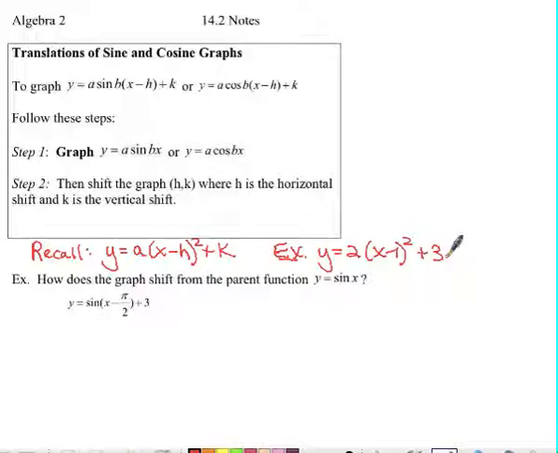Anybody want to try it? Jonathan? Right 1, up 3. Good job. This one shifts right 1, up 3.